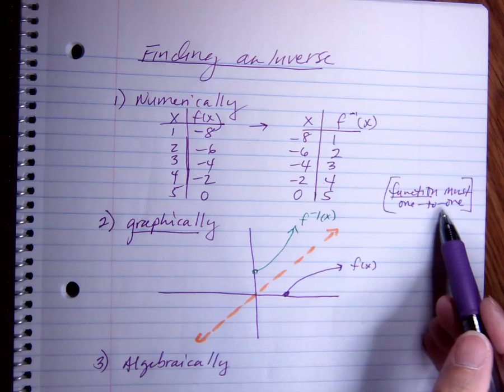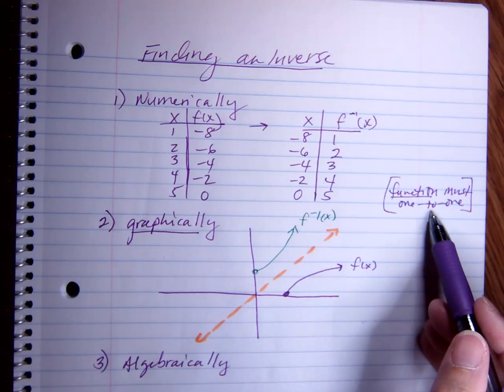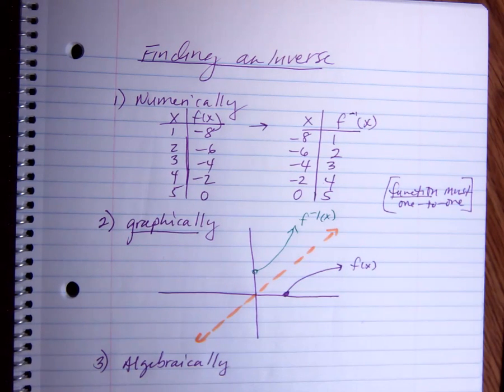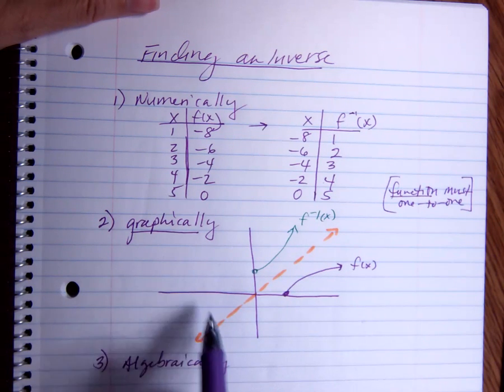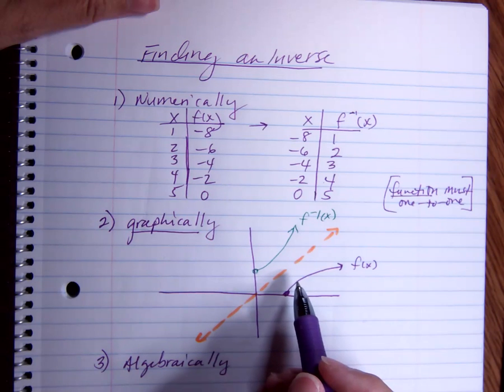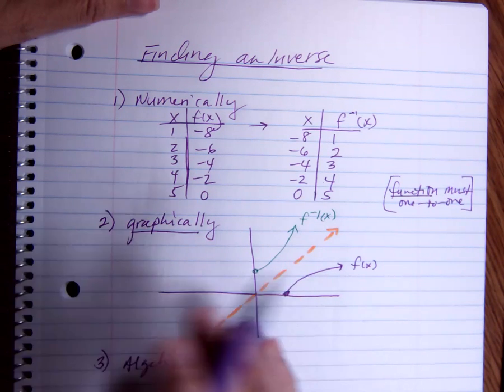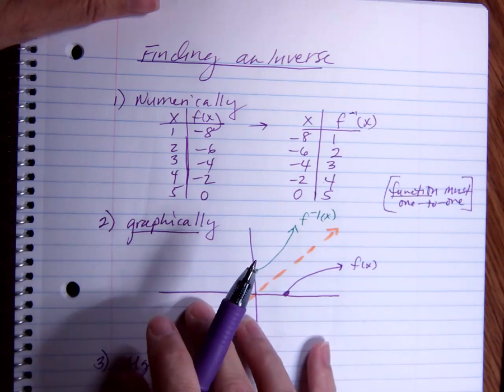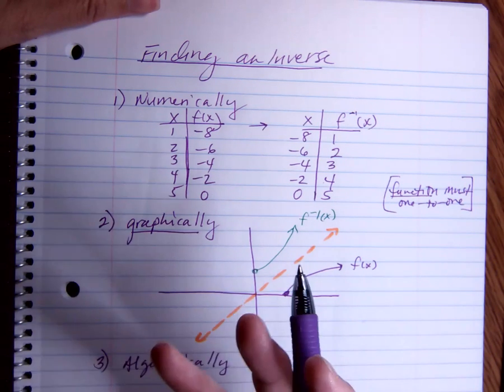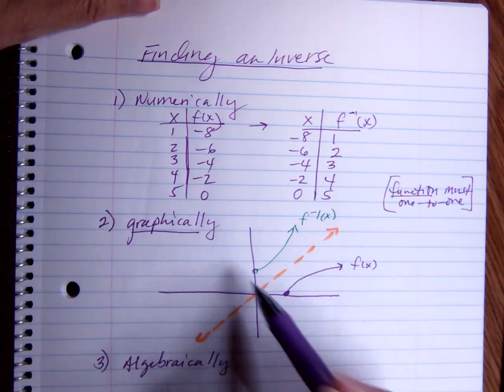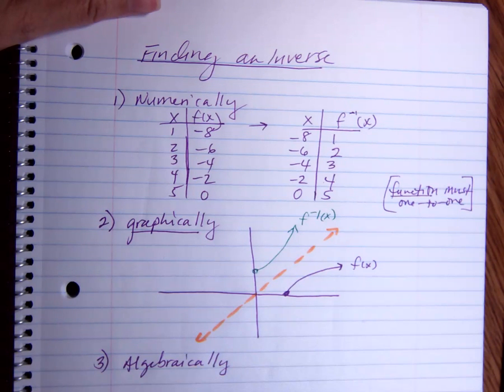But to be 1 to 1, graphically, what does that mean? Well, first of all, to be a function, it has to pass the vertical line test. But you can draw a horizontal line, and that would mean you're repeating your y values, and that's okay to be a function. But remember, when you swap, your y's become x's and your x's become y's.